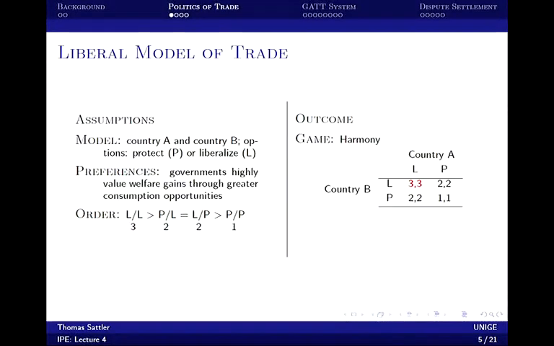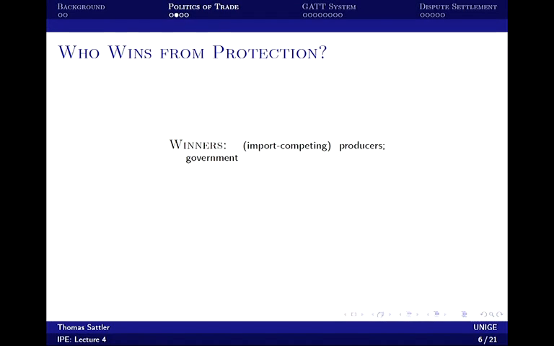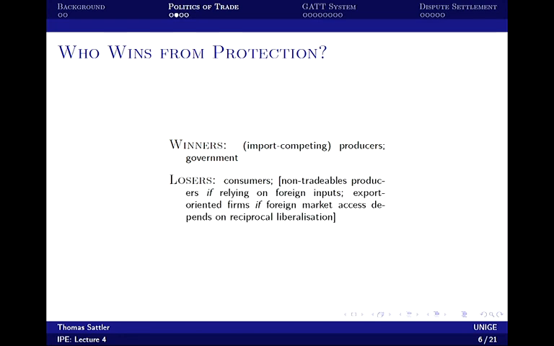And that's important. So now, the winners are the winners from protectionism. So suppose we demand a trade barrier and the government responds and imposes tariffs, then the winner is import competing producers and potentially the government. Why the government? What does the government win from a tariff? It's basically a tax, so it wins income, right? So who are the losers from protectionism?